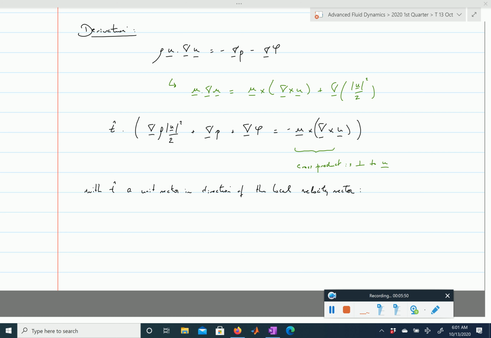And therefore we're left with t dot, note that here on the left-hand side, we have the gradient of three functions, so we can write it as the gradient of the sum of these three functions. And that is equal to 0. If we assume that the body forces are gravity forces, then the potential is rho gz.